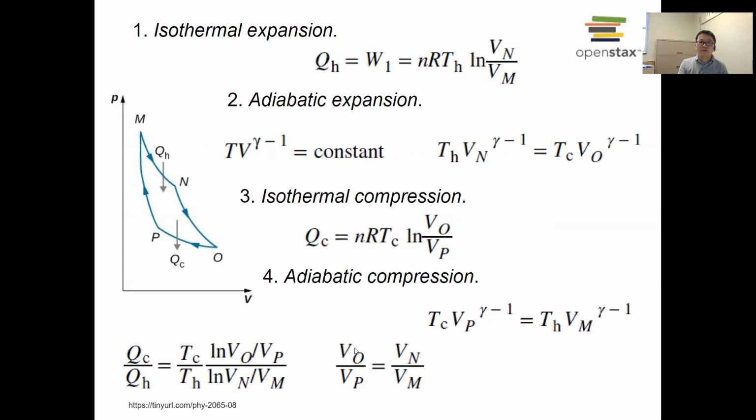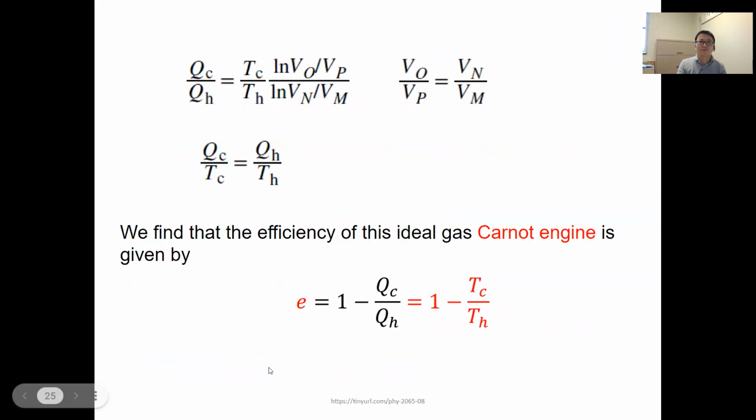Basically, you can prove that V_O over V_P equals V_N over V_M by using the adiabatic expressions. So then this and this will cancel, they are the same. So QC over QH then equals T_C over T_H.